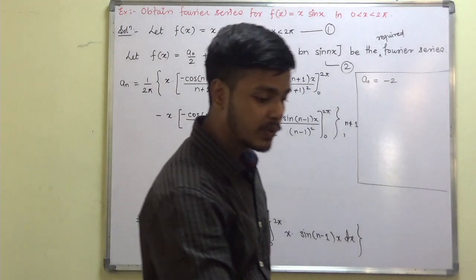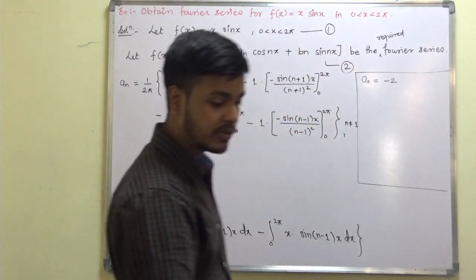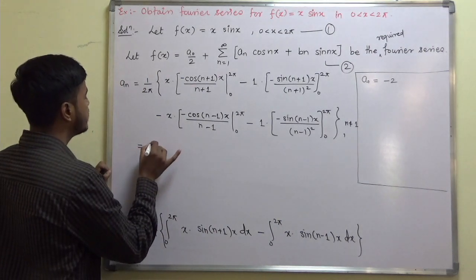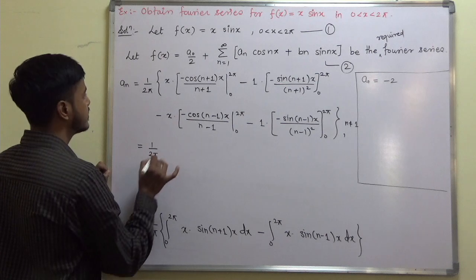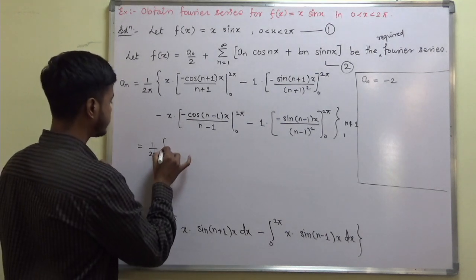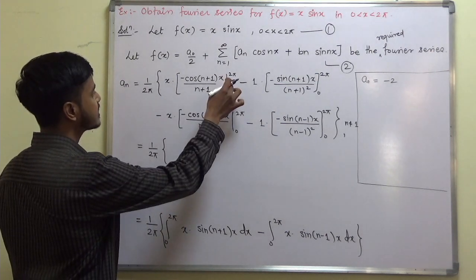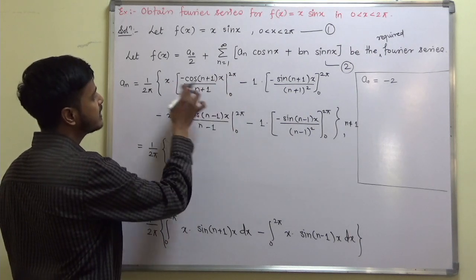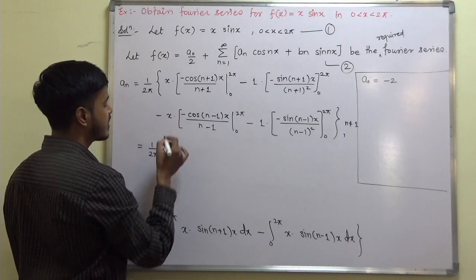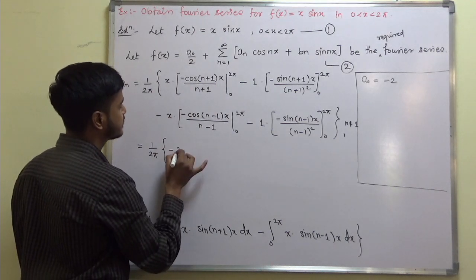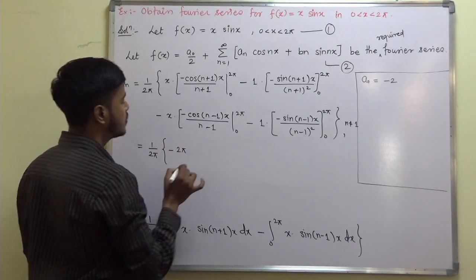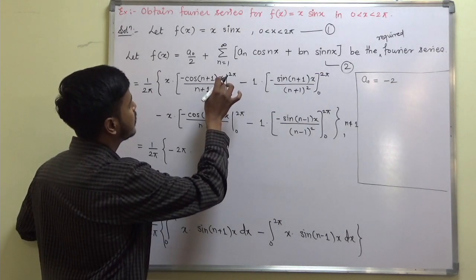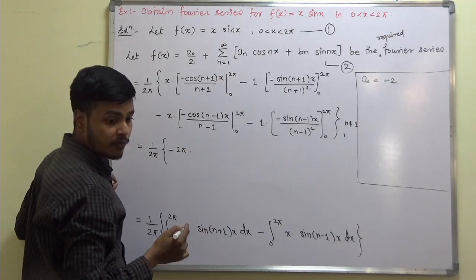Okay, so now you can just substitute upper limit minus lower limit, so this would be 1 by 2 pi. What is upper limit minus lower limit? Only the upper limit will contribute, the lower limit gives you 0 into anything, so I am writing it as minus 2 pi into cos 2 times (n plus 1) of pi.